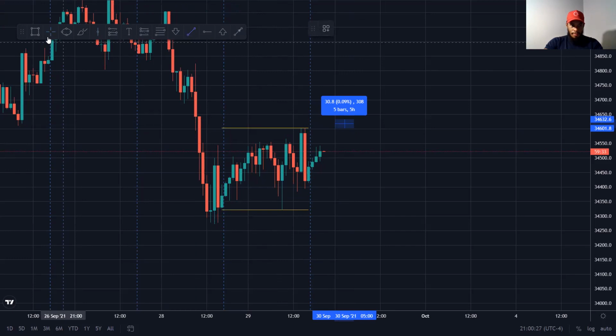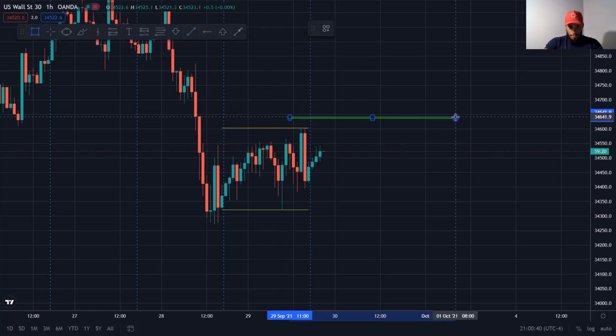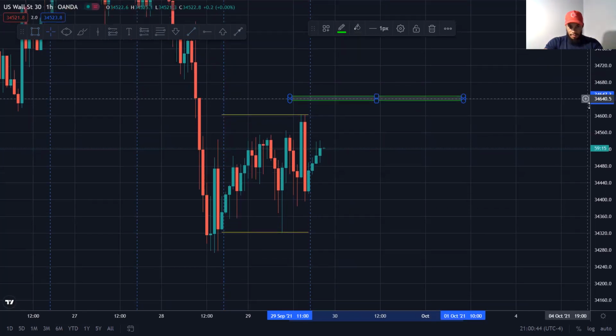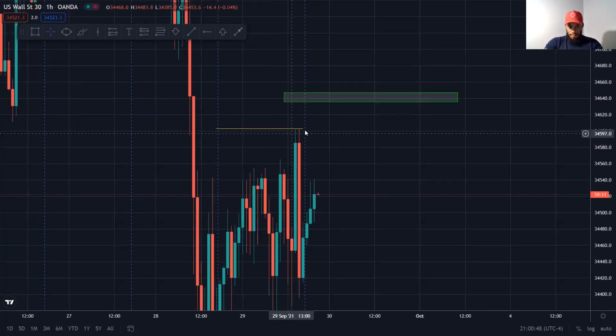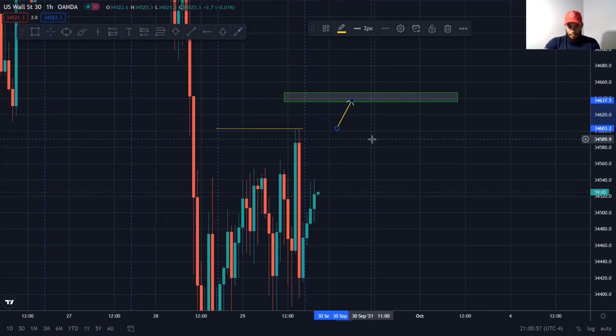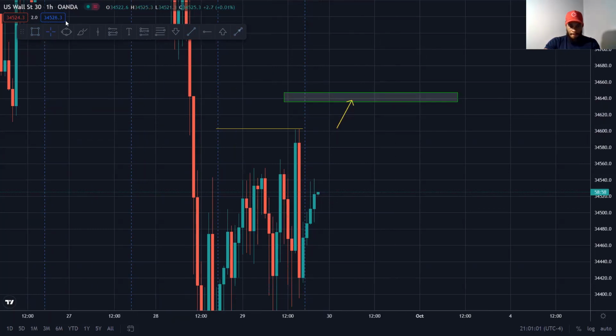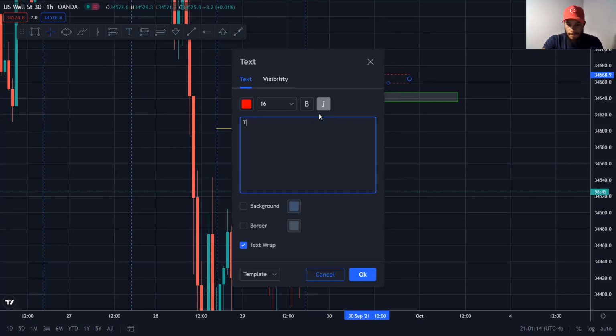Let's put a box right here, the arrow, and then TP, 30 pips. Boom.